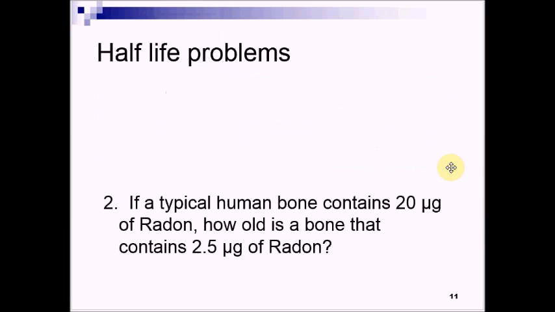It says if a typical human bone contains 20, and this was our mu, Greek letter mu, but it stood for micro, 20 micrograms of radon, how old is a bone that contains 2.5 micrograms of radon? All right, so I'm going to do the same thing. I'm going to set up a little time chart, put time on the top.